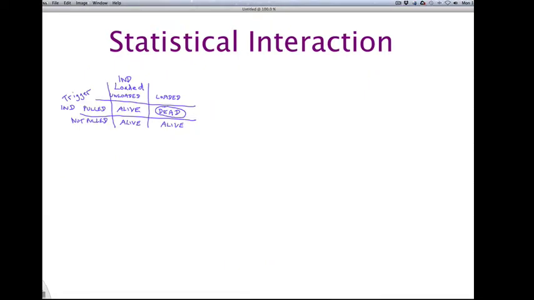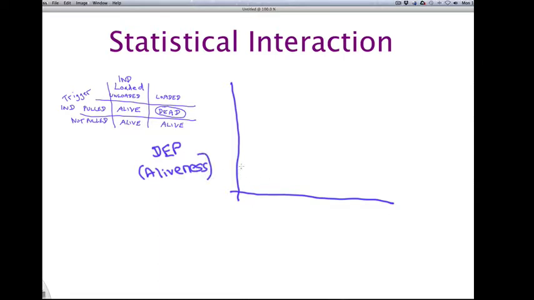What I want to do is draw a graph of this effect, and normally when you draw graphs there are two axes, so I draw the axes, and on the y-axis we're going to use the dependent variable, which for want of a better term we call aliveness, and there are only two states, so we can mark on the two states.